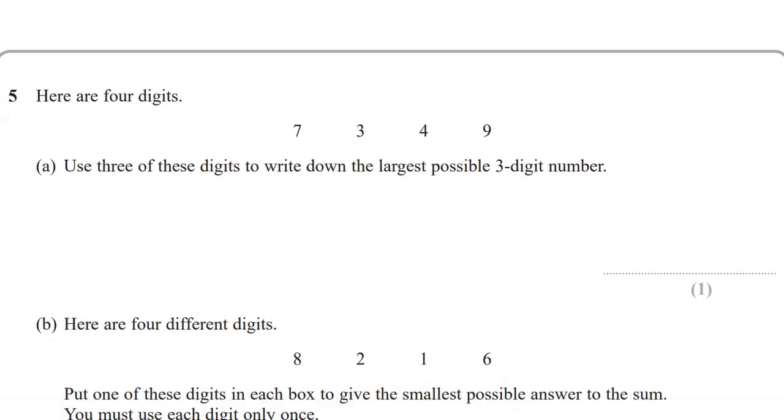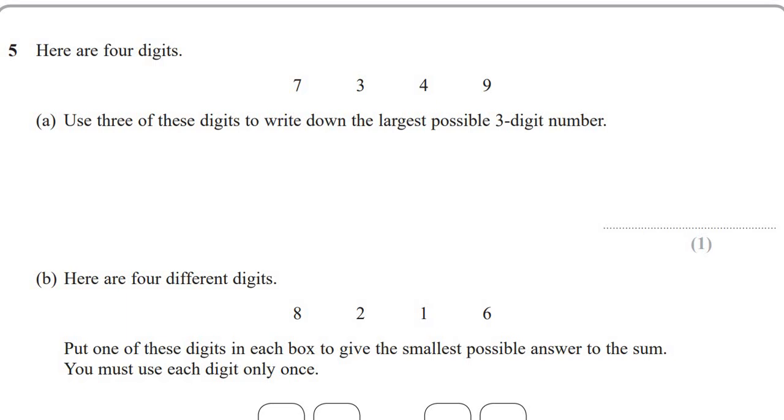Let's move on. Right, so here are 4 digits, and it says use 3 of these digits to write down the largest possible 3-digit number. Well, it has to be a 3-digit number, and it has to be the largest possible number.